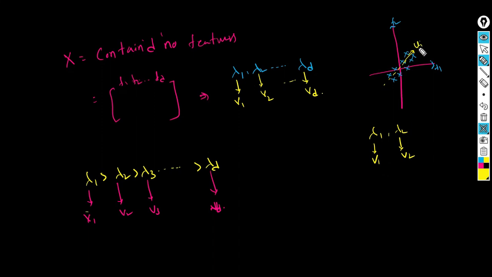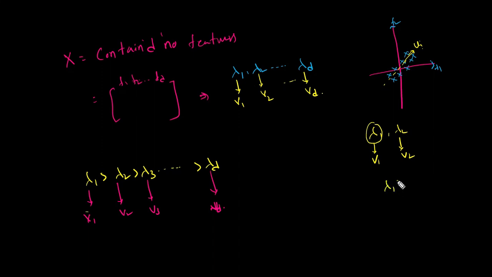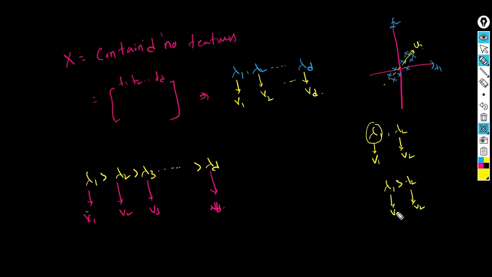The direction of u1 is along the maximum eigenvalue. If lambda 1 is greater than lambda 2, we will have v1 and v2. The direction of u1 is v1, u1 is the same as v1, and v2 we get like this.